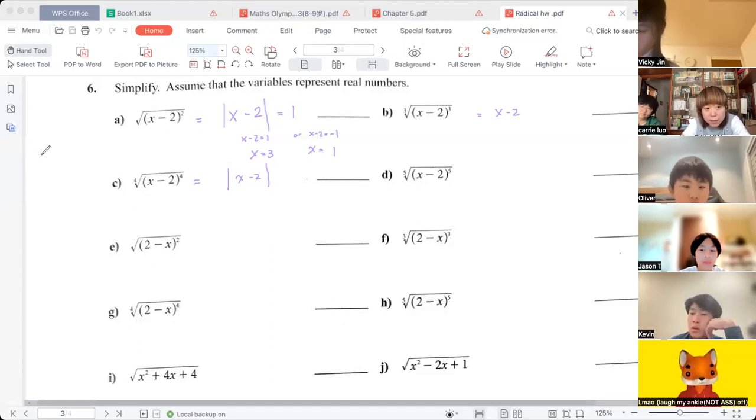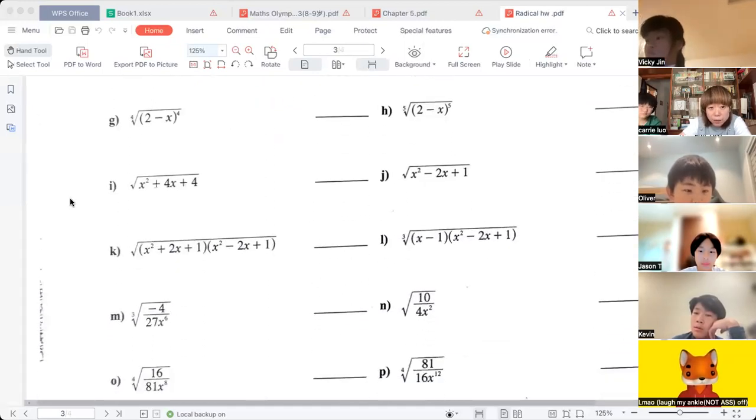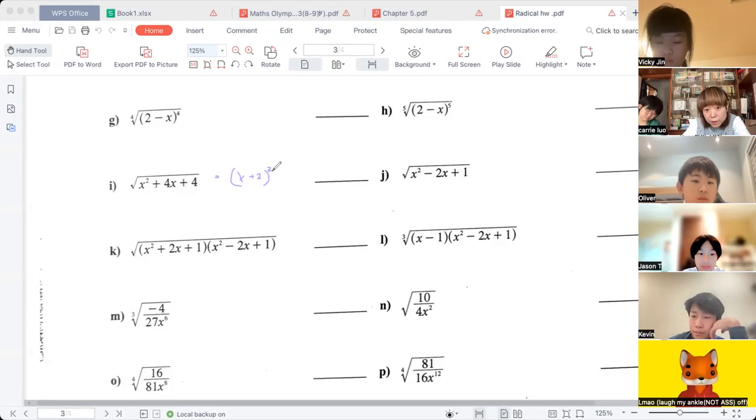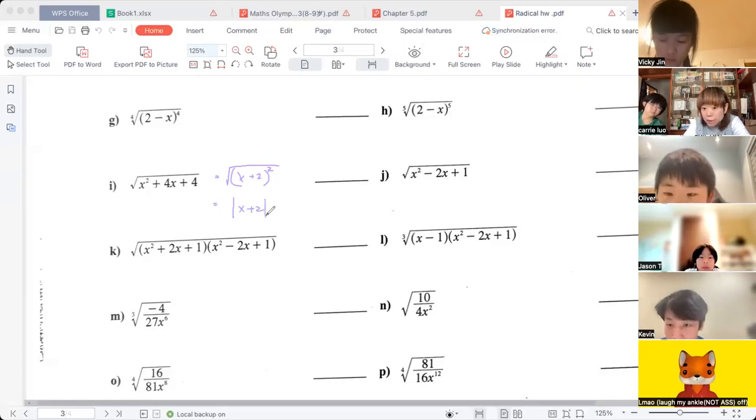Okay, let's look at number I and number J. These two questions, I'm not sure if you did the factoring before or not, so that's why I think this question is a little bit over. So this one is actually x plus 2 squared under a square root. Understand? So now it's x plus 2 absolute value. Get it?